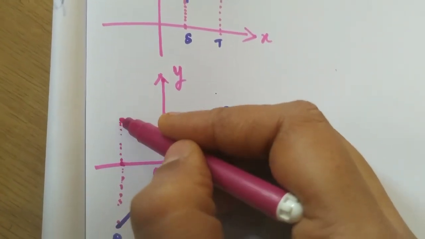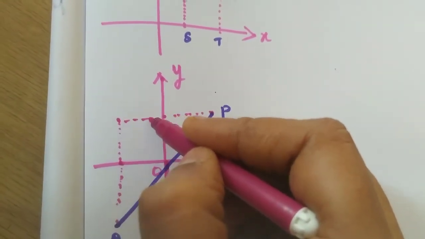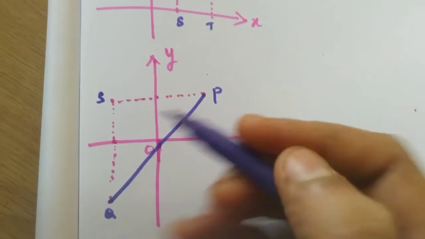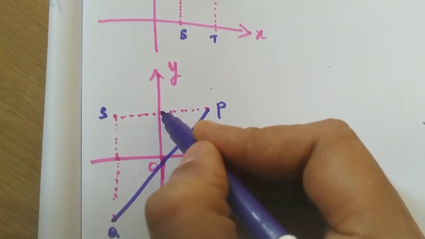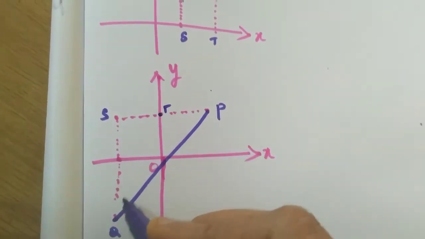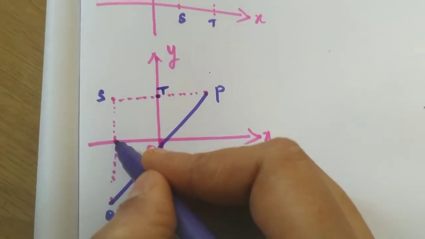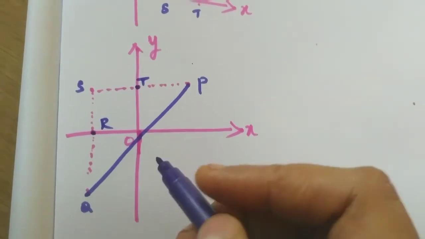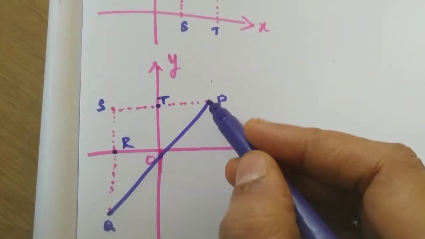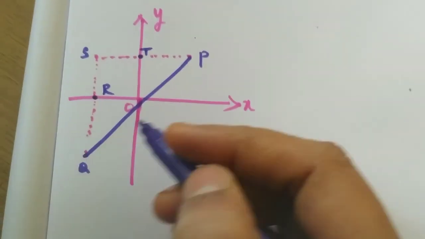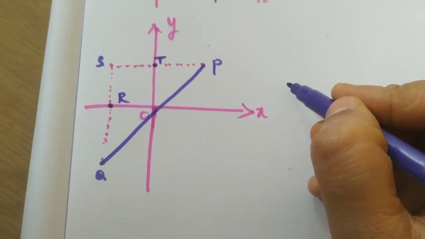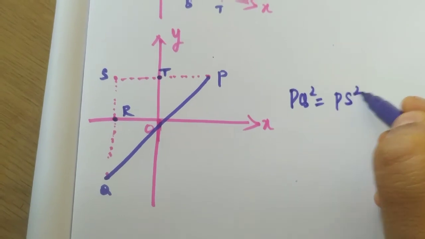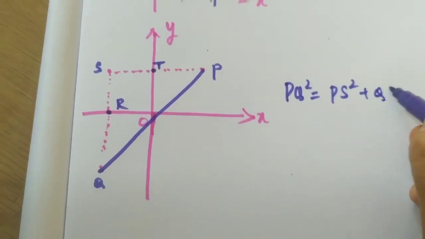So the intersecting point I will denote as T or S, and this is intersecting here also, it is T, and this point Q is intersecting here, let me take it as R. So now this forms a triangle where the solution can be obtained by Pythagoras theorem. PQ square is equal to PS square plus QS square.